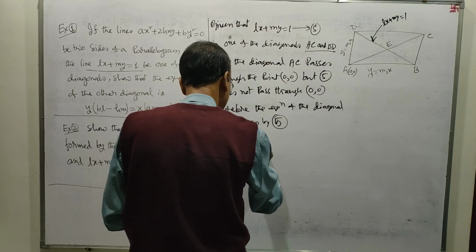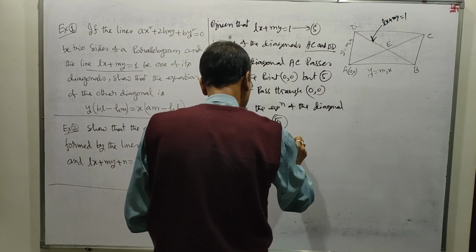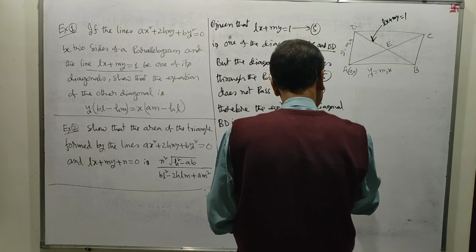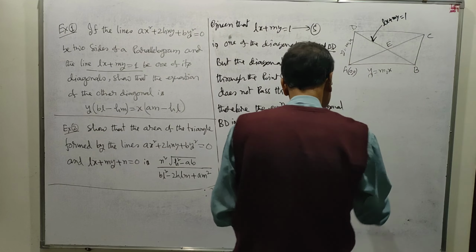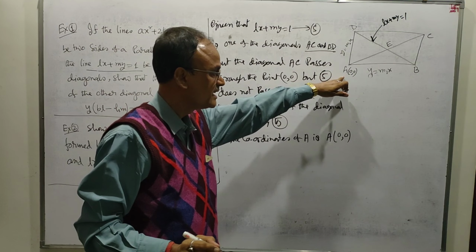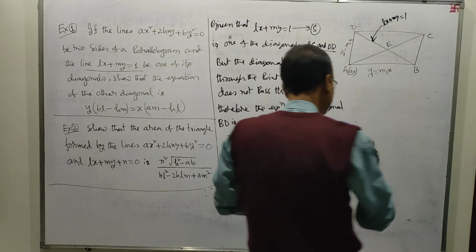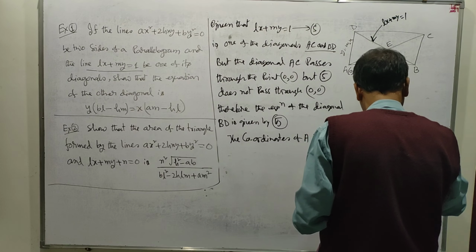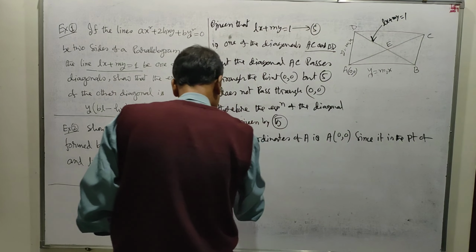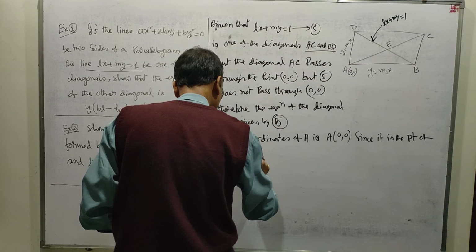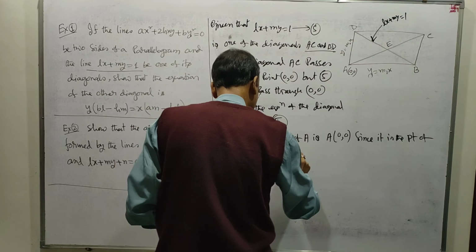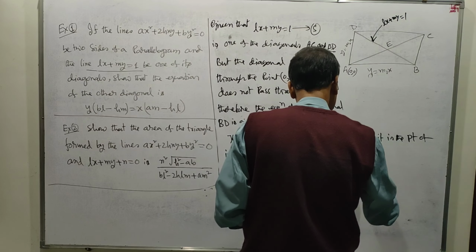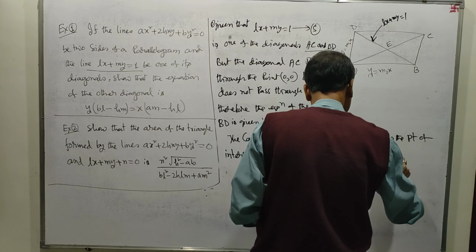The coordinates of A is 0, 0, since it is the point of intersection between the straight lines y is equal to m1x and y is equal to m2x.